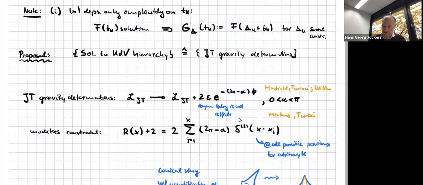By increasing this number, or even writing an integral over, as has also been considered by Witten in one of the papers, a continuum of deficit angles, identification angles, we can flesh out a fairly rich structure of JT gravity deformations, and all these deformations turn out to be realizable in terms of solutions to the Kdv hierarchy.